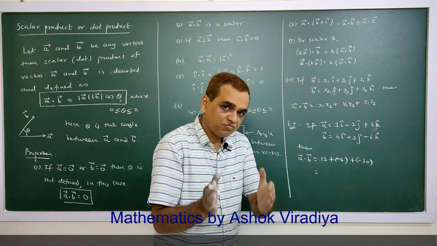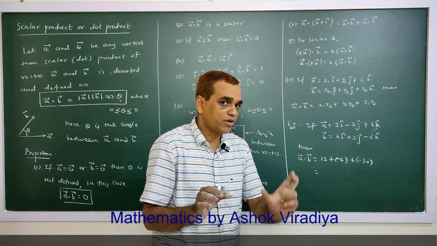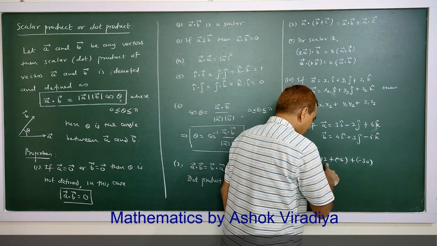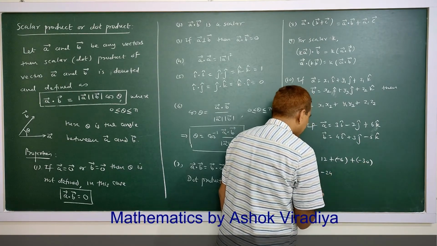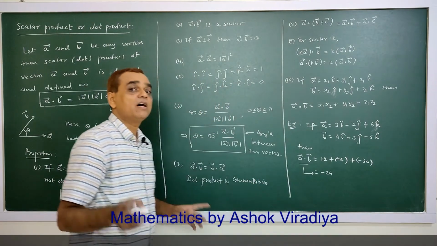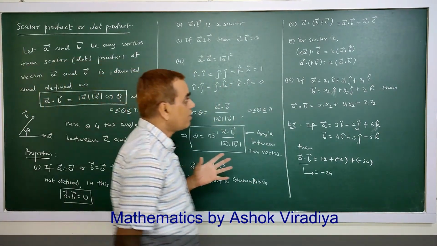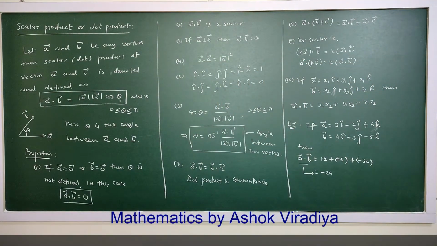So what we do is add the products of corresponding scalar components. So it is 12 minus 6 is plus 6, 6 minus 30 is minus 24. So the dot product can be negative, it can be positive. So this was about the definition and properties of dot product, or inner product, or scalar product.